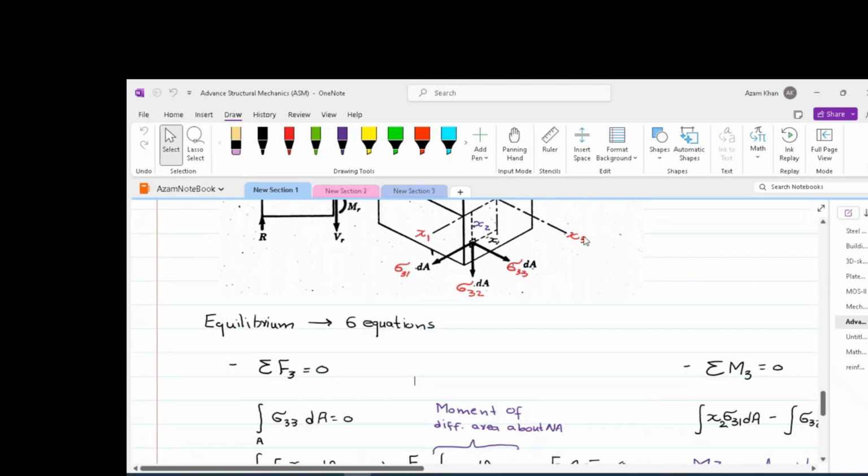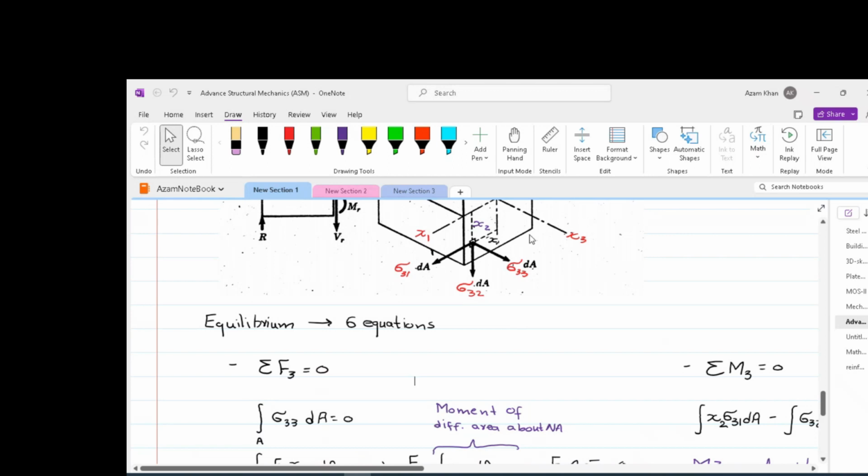The externally applied forces are 0. There is no external load applied in x3 direction. So we get 0 on the right hand side. On the left hand side, which is the internal effect, we can write sigma 33 times dA and put an integral sign having area as the variable.